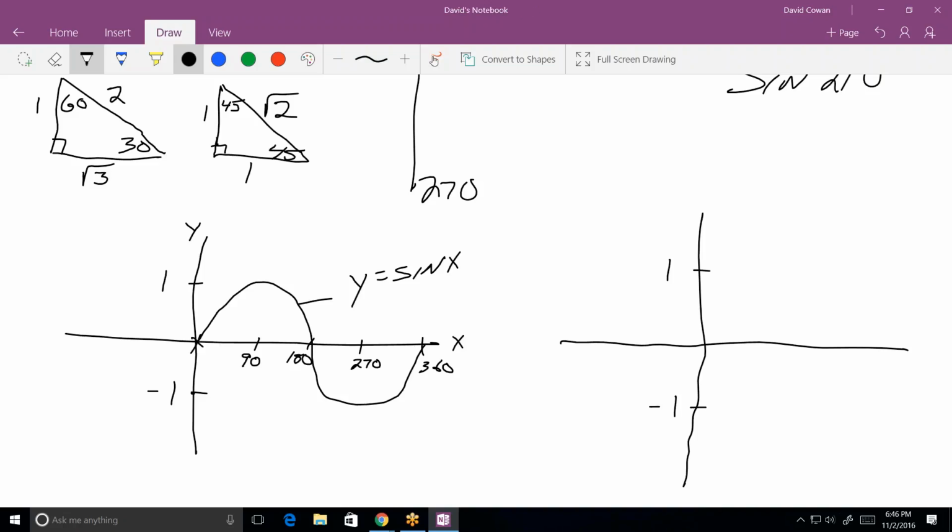What's the sine of 180? What's the y value right there? That would be 0. What's the sine of 270? That would be negative 1. And what's the sine of 360? 0. Okay, there's your quadrangles.